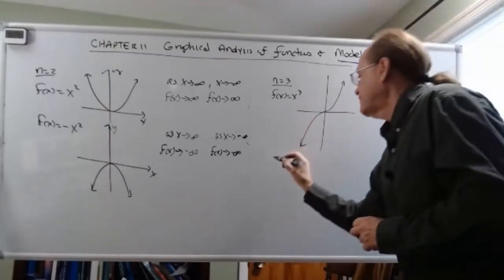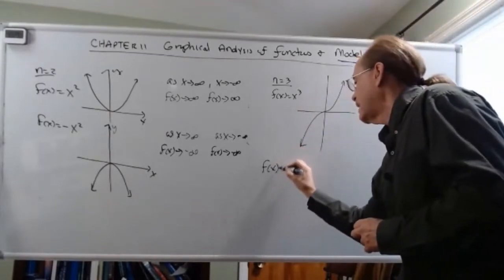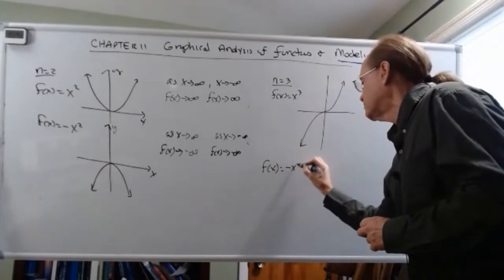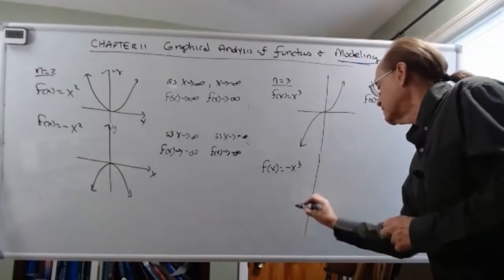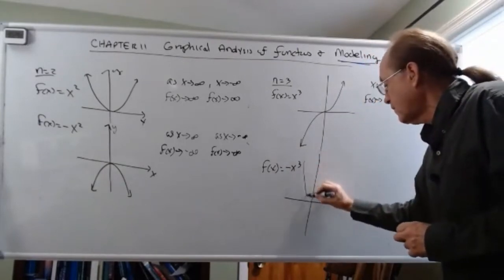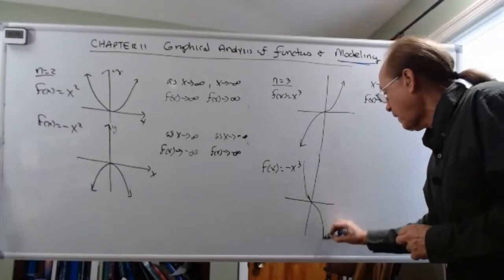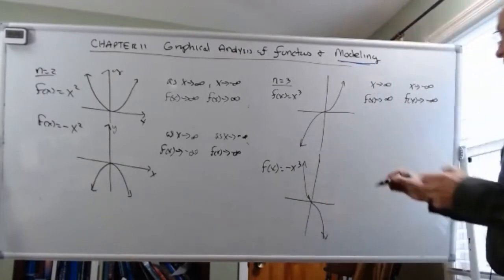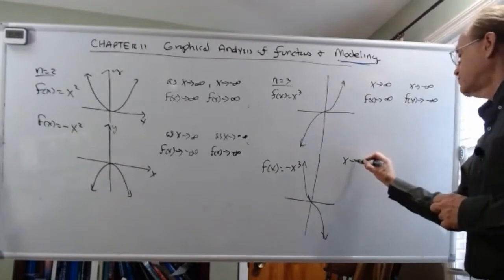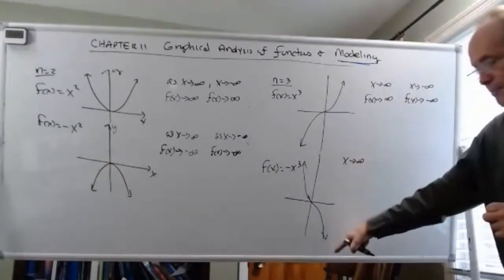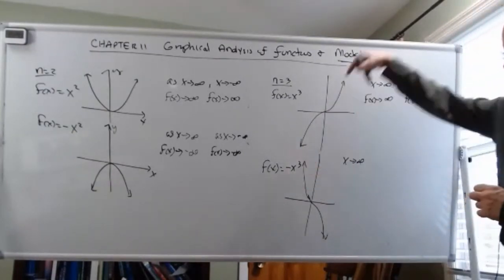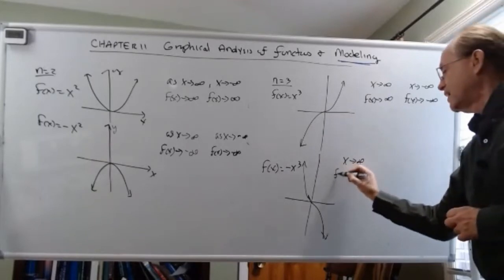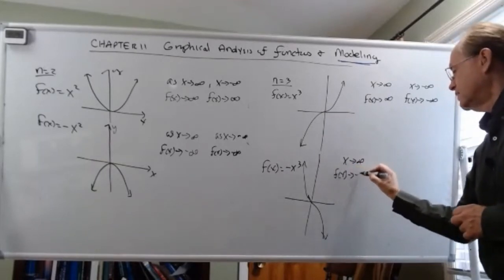Now, if I take the negative of that, it will do just the opposite, but it will still follow the same sort of trend. Looks something like this. And again, for this one, as x goes to plus infinity, now it's doing the opposite. It's that negative out there driving it to negative infinity. So f of x goes to negative infinity.